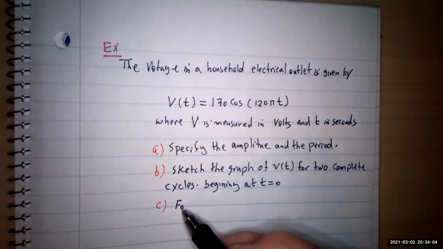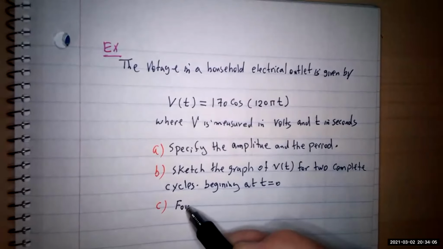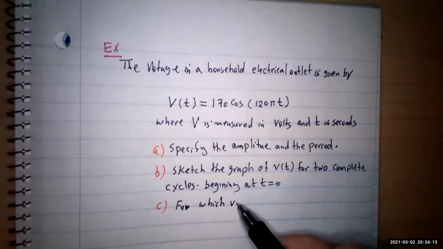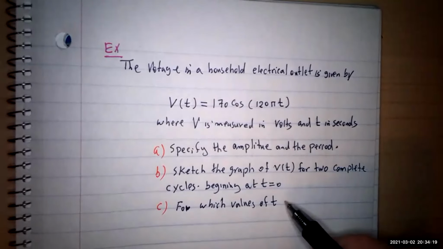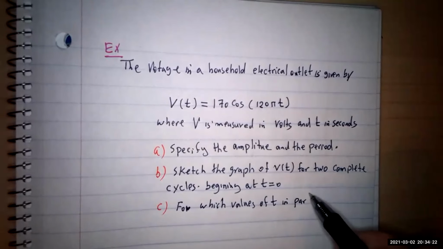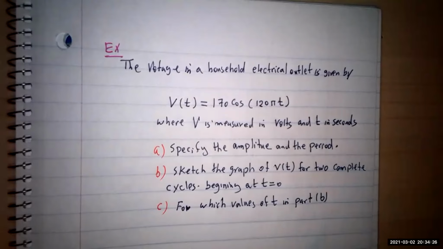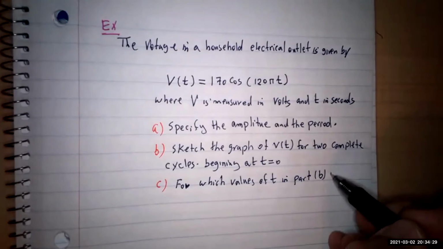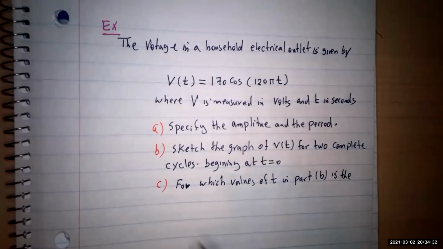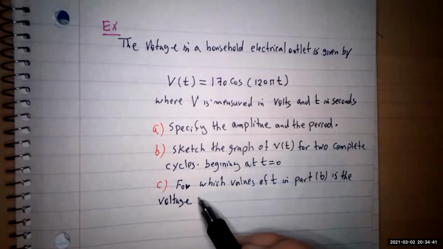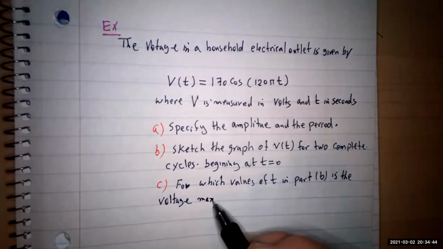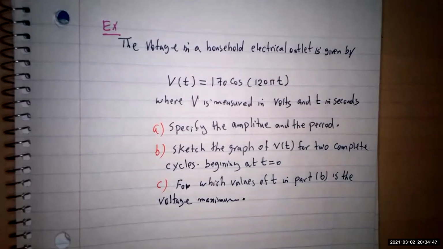They ask you for which values of t, the time, in part B, when we graph it, this function is a maximum, the voltage maximum.